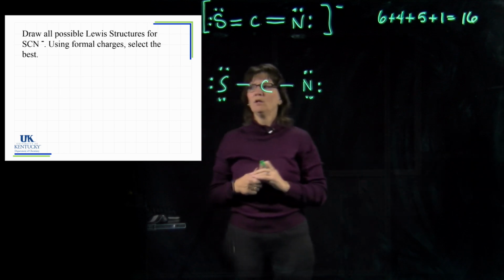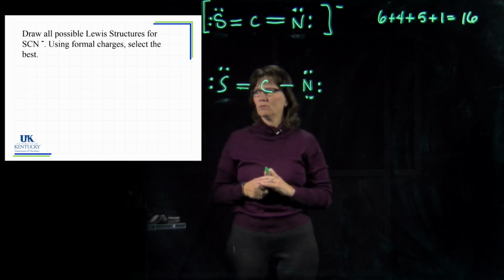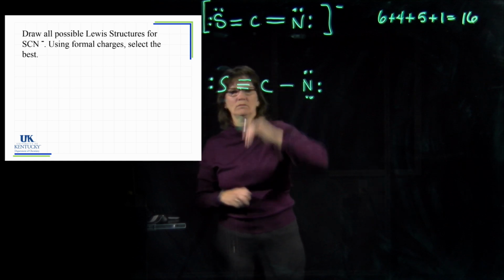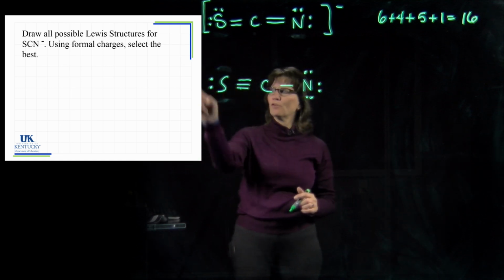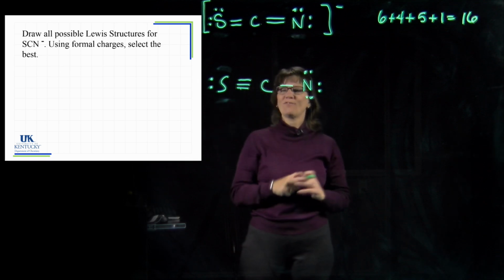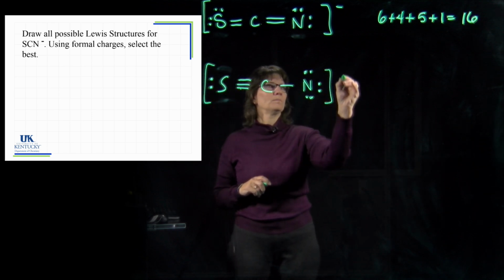And when we shifted, we started by taking 2 right there and moving it in here. There is nothing that says we can't take 2 from here. Did that not keep sulfur satisfied and make carbon happy? And nitrogen is fine with that. So that is another possibility.